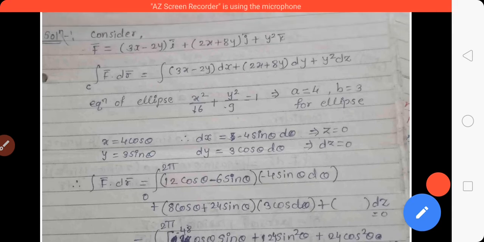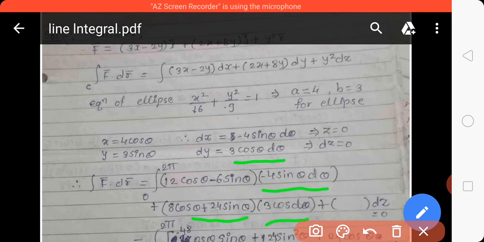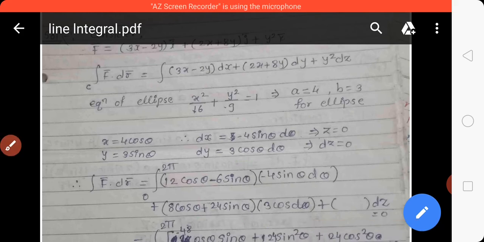The value of dx is minus 4 sin theta d theta. Next is 2x plus 8y. The value of this is 4 cos theta plus 24 sin theta into dy. The value of dy is 3 cos theta d theta. Substitute here the value of dz and the term into dz, but dz is 0, therefore the term is equal to 0.